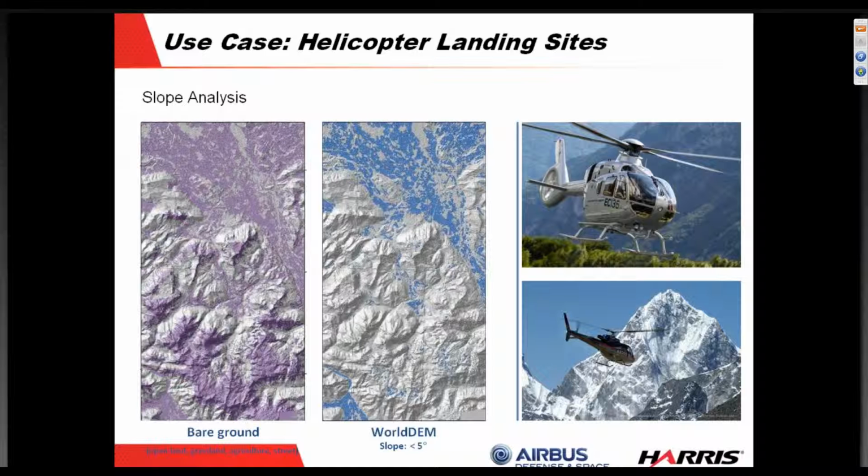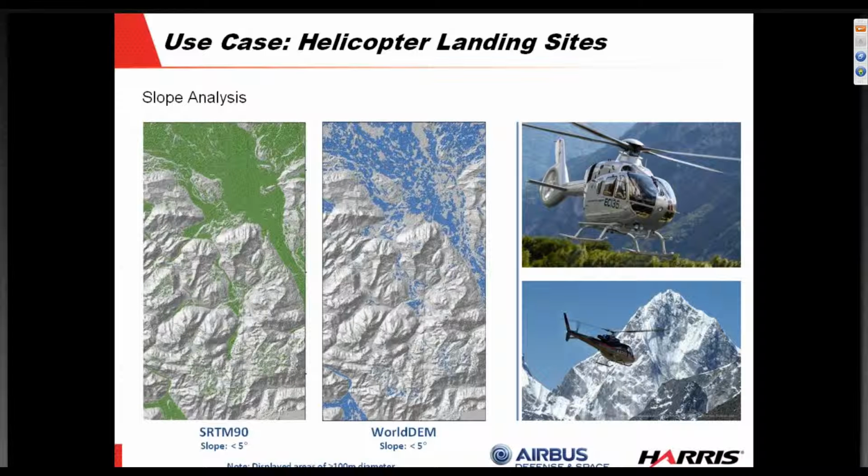This result you can also compare to the calculation based on SRTM, and we see clear differences where WorldDEM delivers much more differentiated and reliable information about where a helicopter really can land.